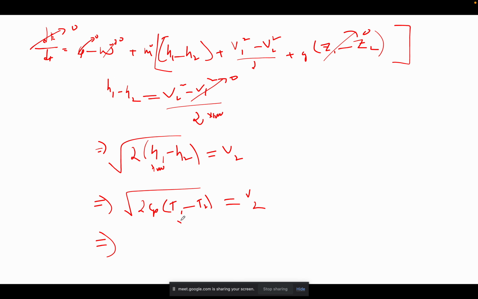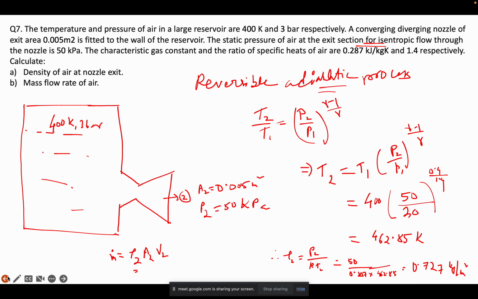You also have to put 1000 here because this was in joule. So what you will get here, 2 into 1000 into T1 minus T2, that is your 462.85 minus 462.